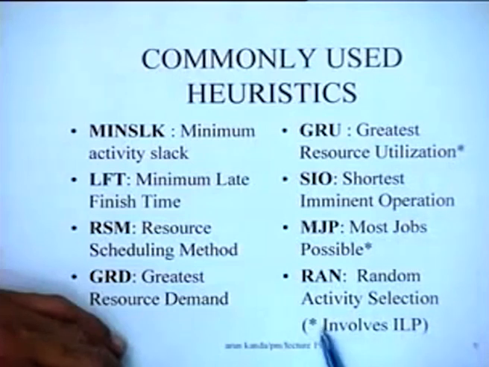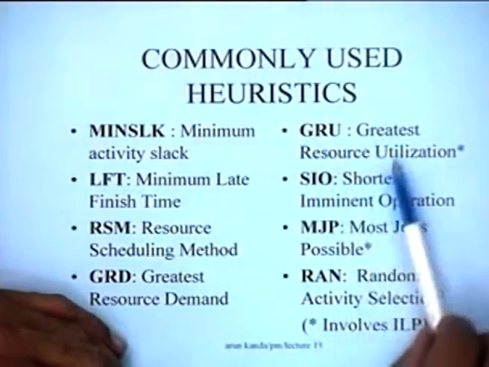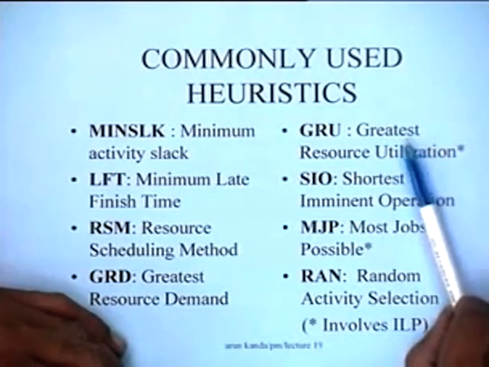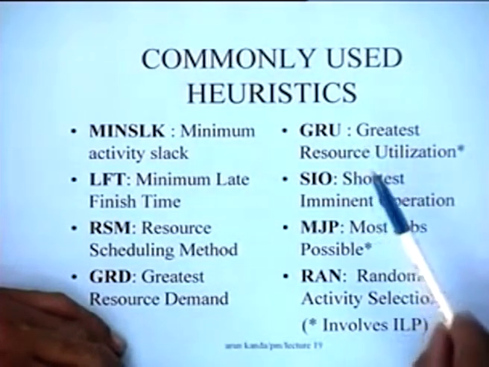So it's like a typical classical knapsack problem in linear programming, where you are trying to pack a bag with the maximum value, assuming that each item which you have to pick up has a value, subject to the resource availability, that is the capacity of the bag. So what can be done is a small LP can be solved to determine which particular combination of activities will in fact give you the greatest resource utilization.